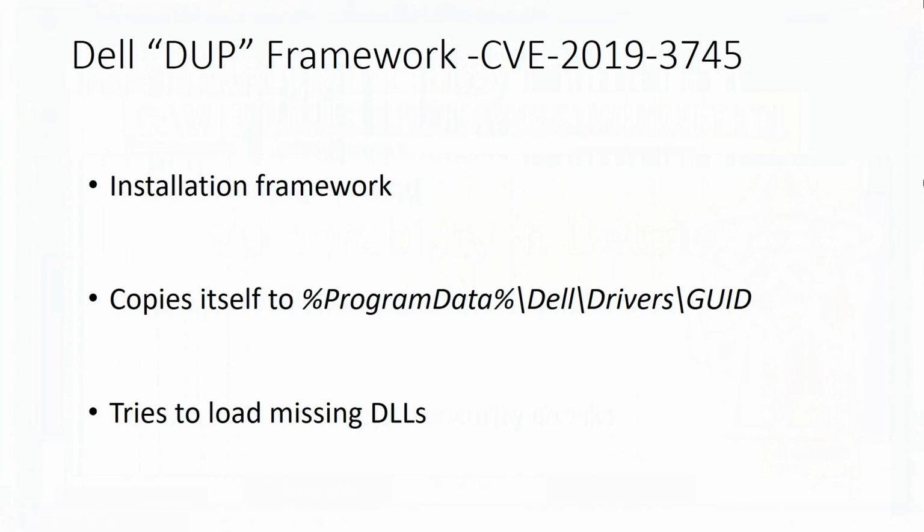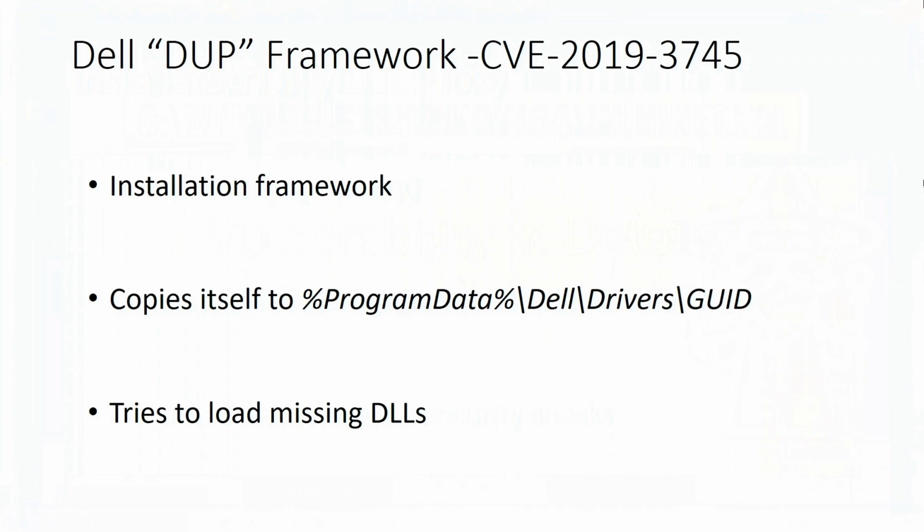Dell thought it would be wise to first copy the installer into a subdirectory inside ProgramData because they thought it's a secure directory. Additionally, they have a random GUID directory that is created there. The installer is copied inside the GUID directory, and then it starts executing.